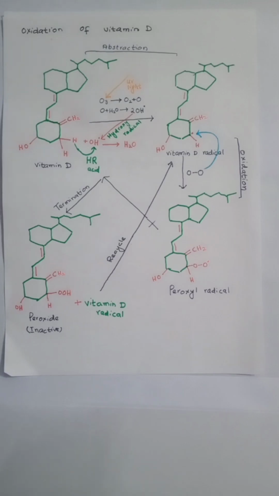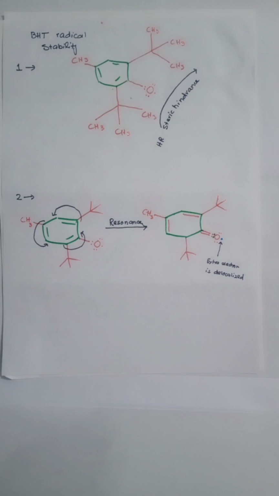I have taken the example of vitamin D to explain the oxidation of lipids. I will also explain how the BHT radical itself is stable after performing antioxidant activity, for two reasons: steric hindrance and resonance.